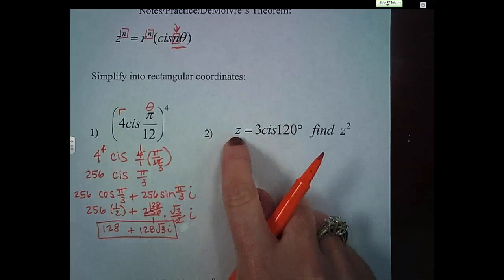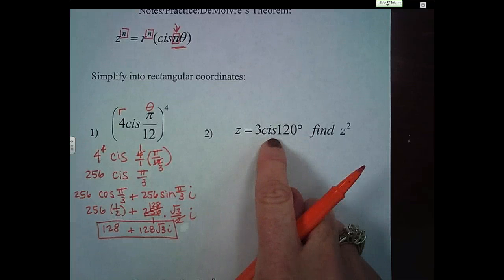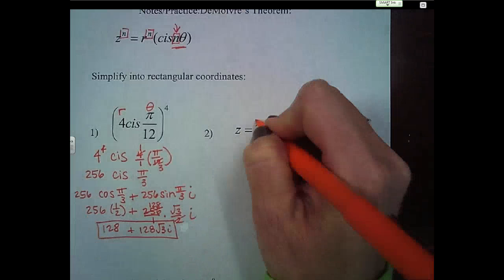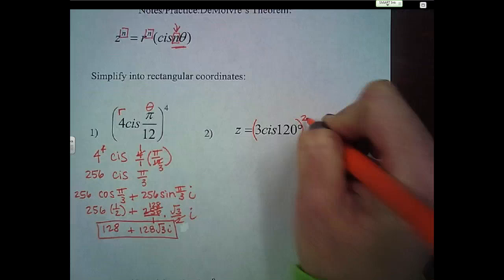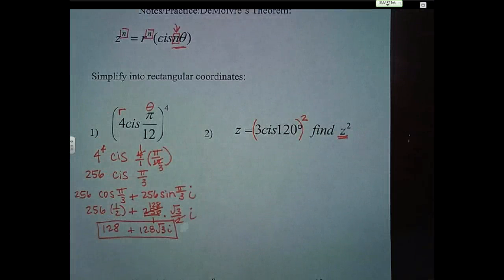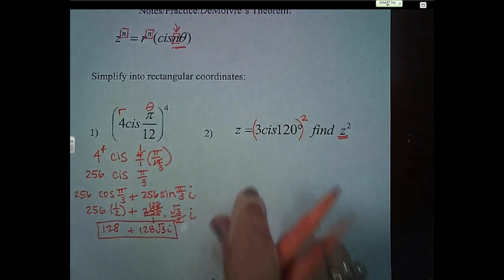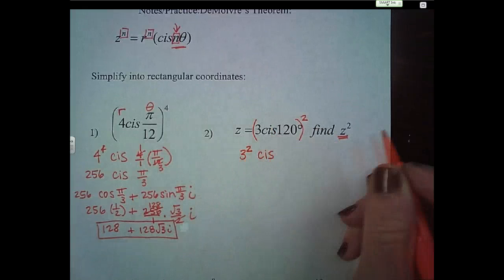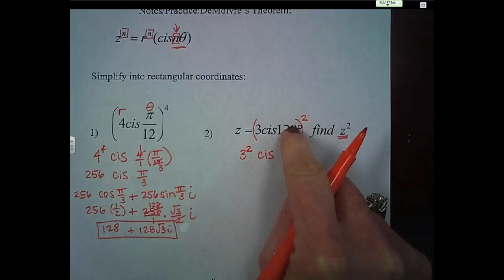I'm saying Z equals 3 CIS 120, and what power do I want? I only want to do what to it? Right, I'm going to square it. So if you look back at your formula, that means you want 3 squared CIS, and then the 2 goes in front of the theta.